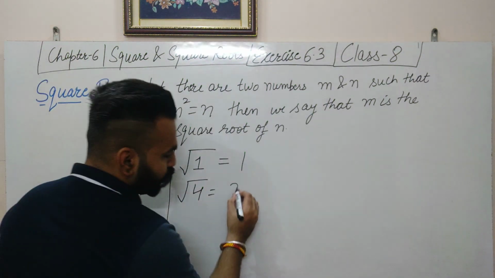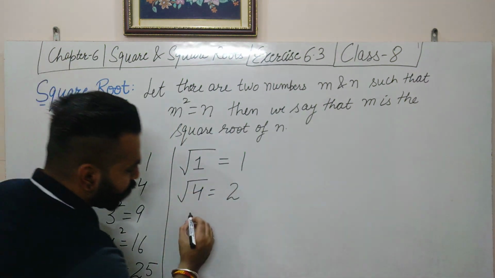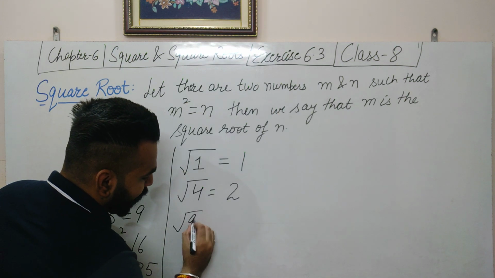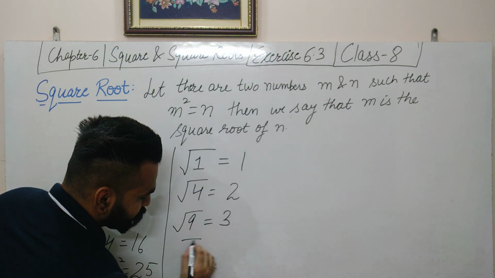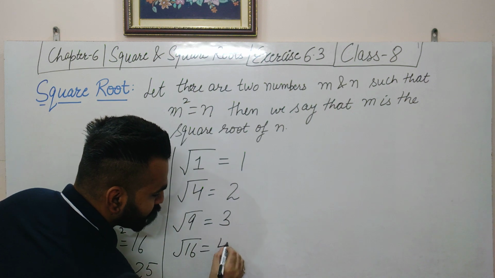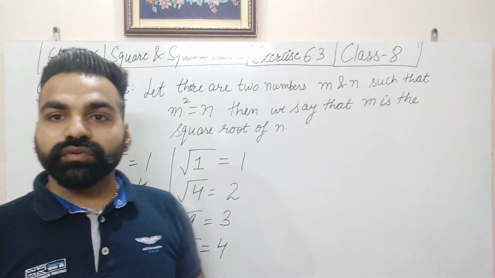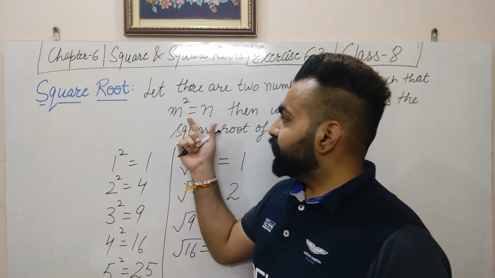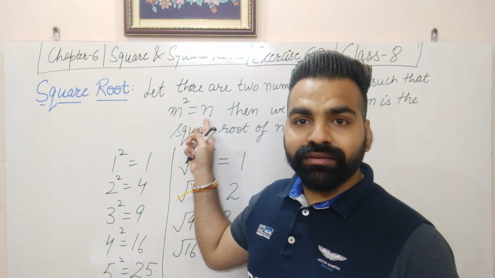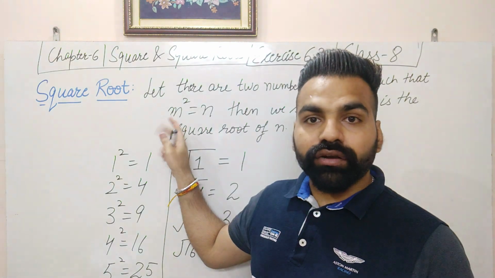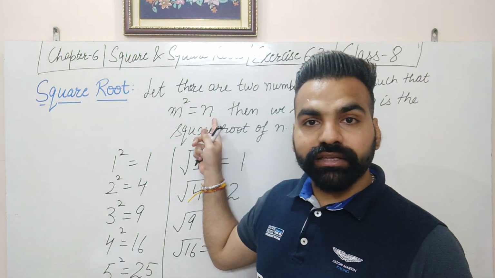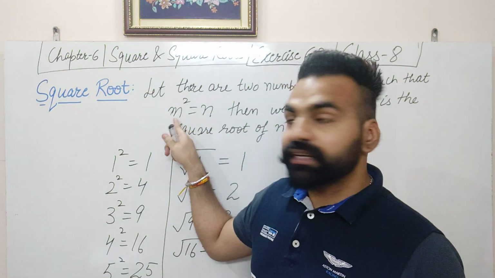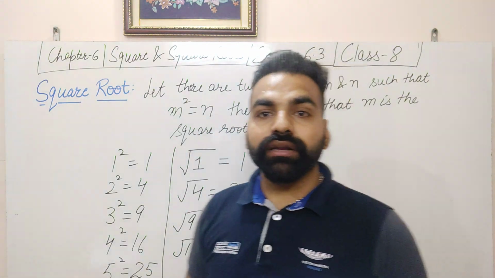That is 2. Similarly, square root of 9 is equal to 3. Square root of 16 is equal to 4. So in this way we can calculate the square root of any number. So by definition, if m square is equal to n, that is, square of some number is equal to another number, then this m is the square root of this number n.